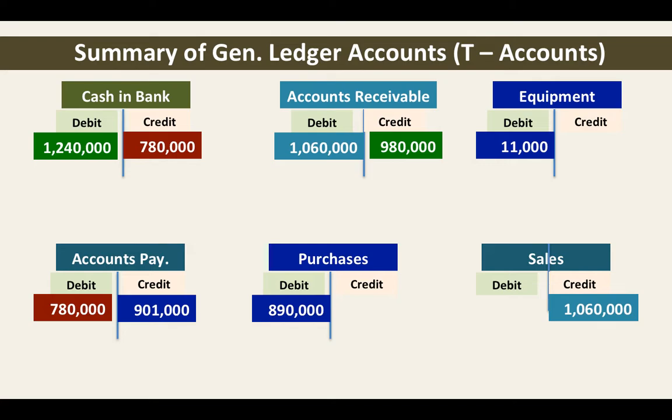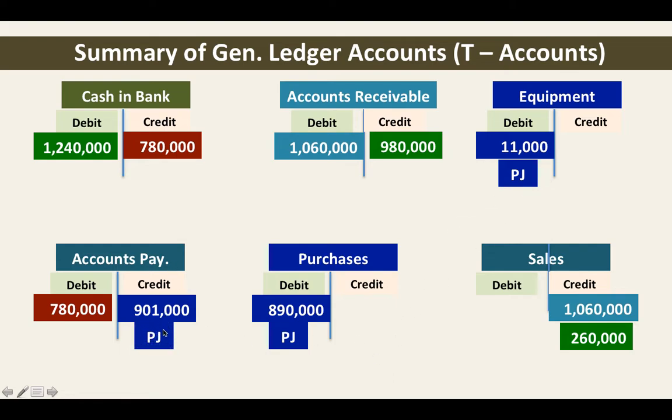Okay. So if we will look at the balance, by the way, in our purchase journal, yung purchases nanggaling yan sa purchase journal, tsaka yung equipment, and then credit accounts payable. So sa purchase journal natin, ang naging entry natin is debit purchases, debit equipment, and credit accounts payable.